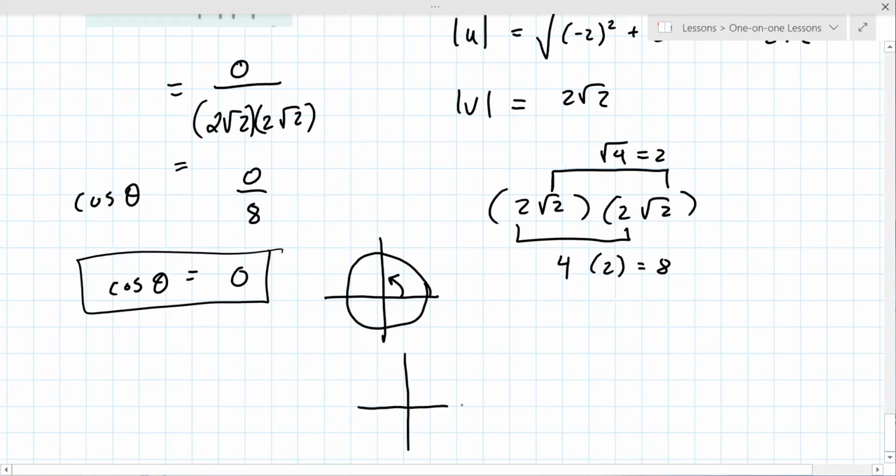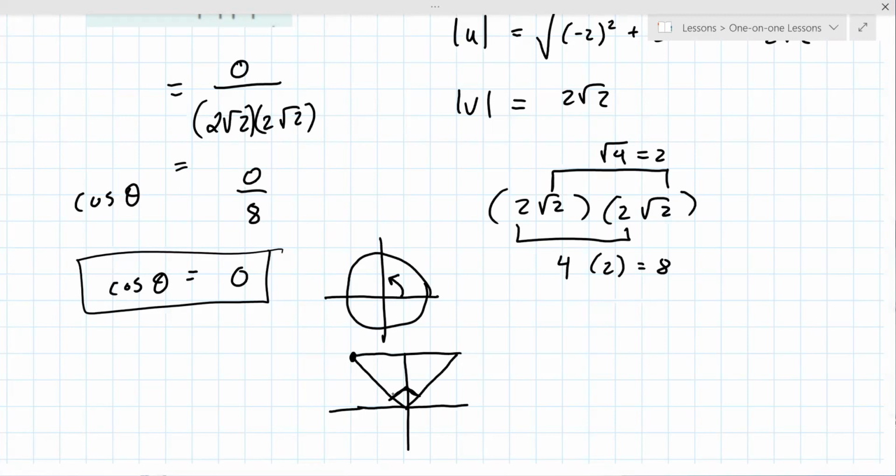We didn't graph them, but we should have. It's -2, 2, and then the other one was 2, 2. And you can see now that that's a right angle. So it's 90 degrees. That would be the angle it forms.